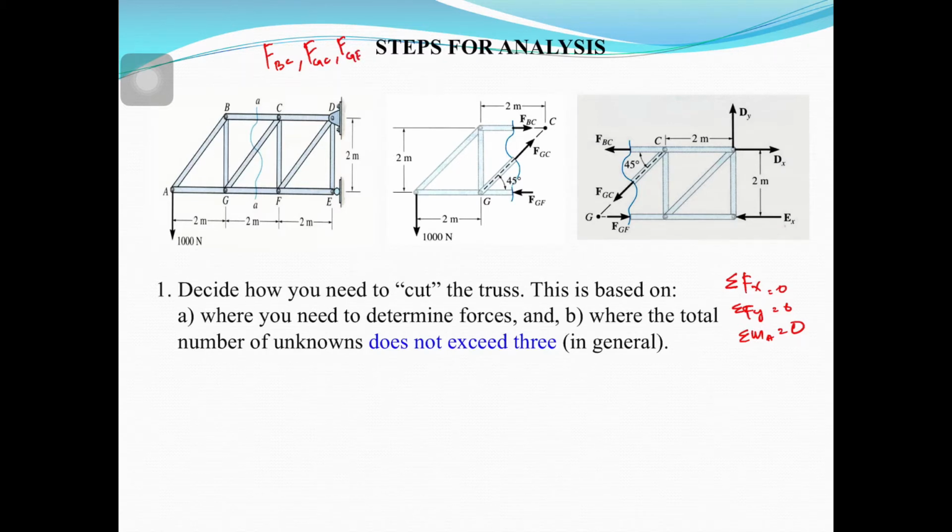So we cut passing through all the members you want to analyze. We cut here, so you have BC, you have CG, and you have GF. We cut here, passing through all the unknown members we want to analyze.